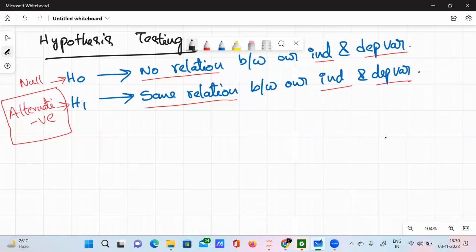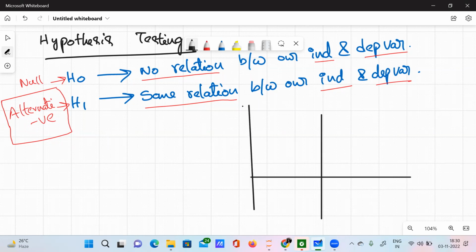Here I'll have some kind of graph. This is the x-axis, and this is our y-axis.